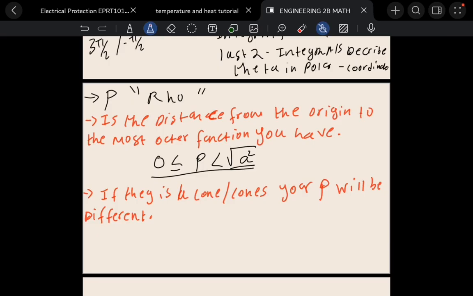If there is only one cone and the upper bound is a sphere, your upper bound is going to be the square root of the number in the equation of a sphere. But if you have two spheres, sorry guys, it's not two cones, if you have two spheres, the lower and the upper bound of rho will change.